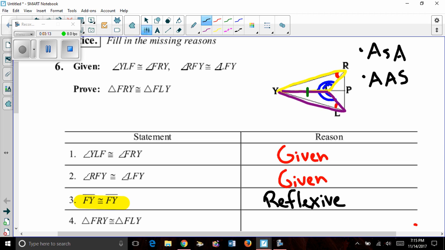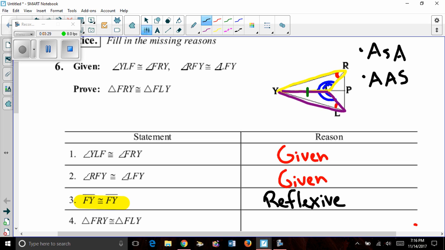Now, with all this information, something I want you to think about is which one is this now? Angle side angle or angle angle side? I like to look at it in kind of a clockwise fashion.